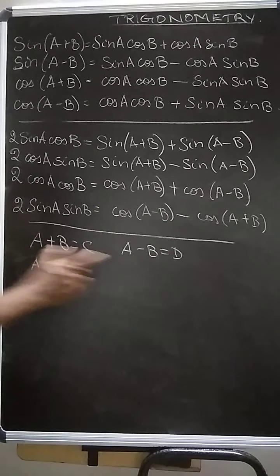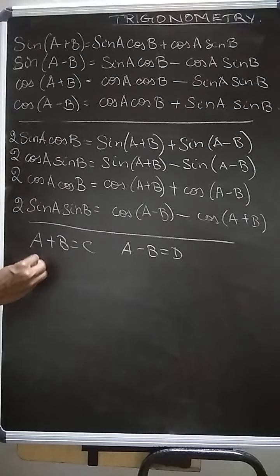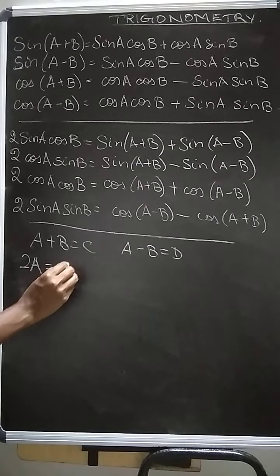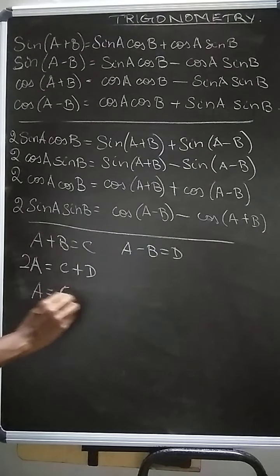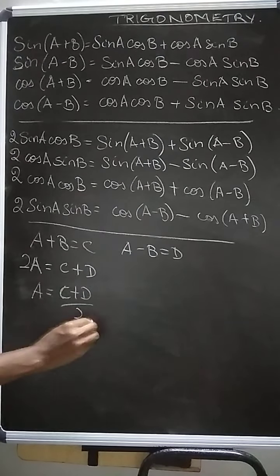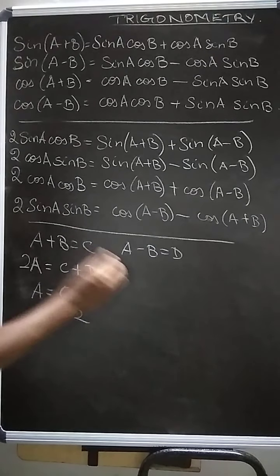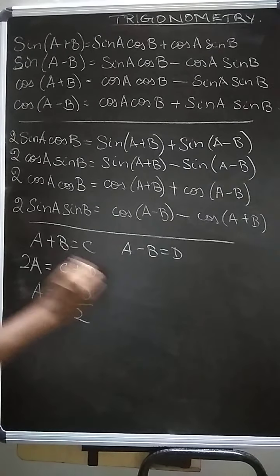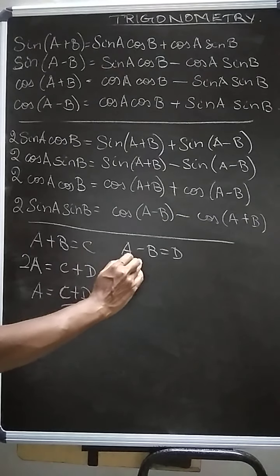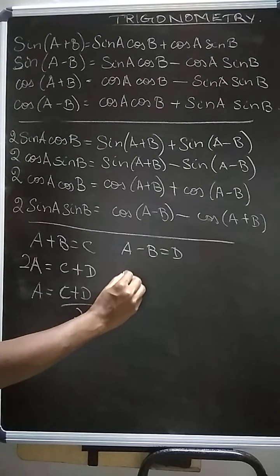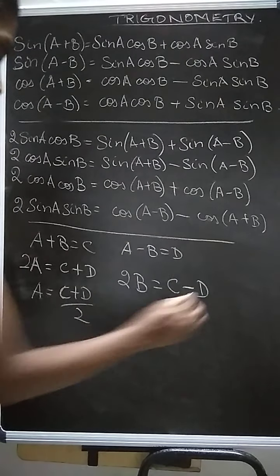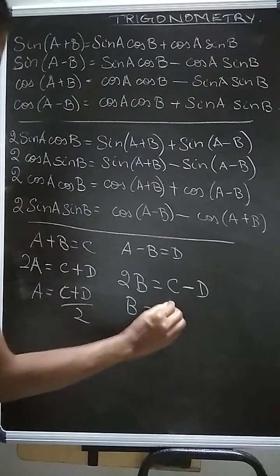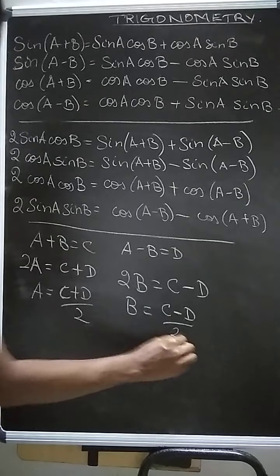Now adding these two things, we will get 2A is equal to C plus D. So A is equal to (C plus D) by 2. Now we are going to subtract these two things. So A plus B minus (A minus B), you will get 2B is equal to C minus D. So B is equal to (C minus D) by 2.